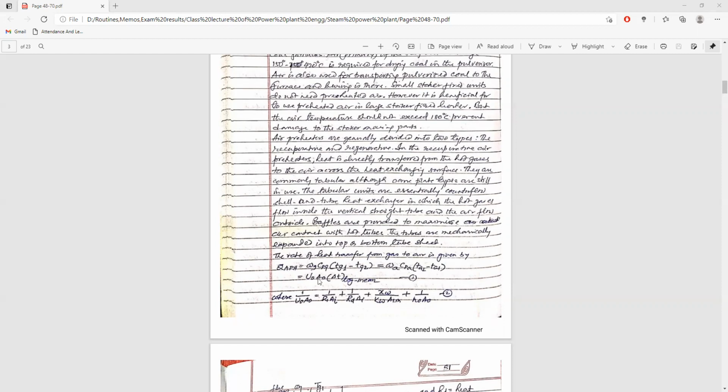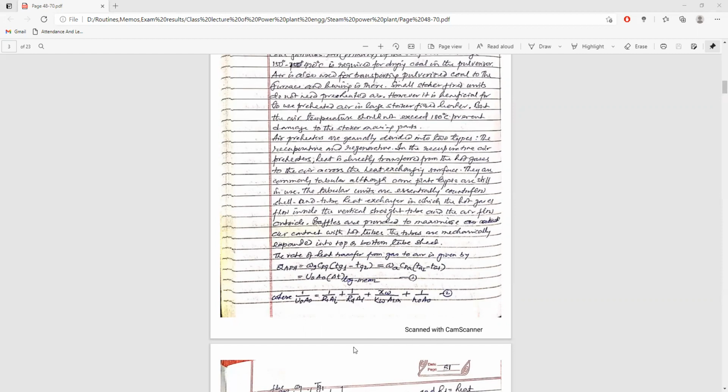These are equal to a constant U0 multiplied by A0 multiplied by the log mean ΔT. This tells us that 1/(U0 A0) = 1/(H1 A_I) + 1/(H_D A_D) + X_W/(K_W A_WM) + 1/(H0 A0).